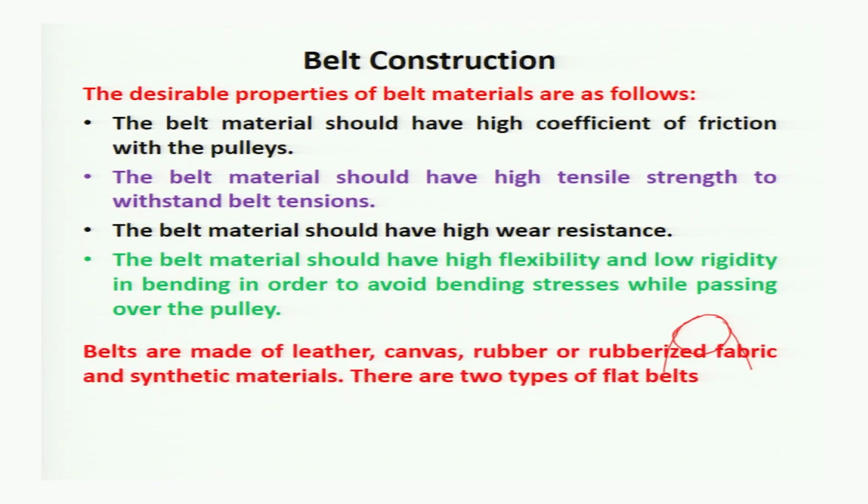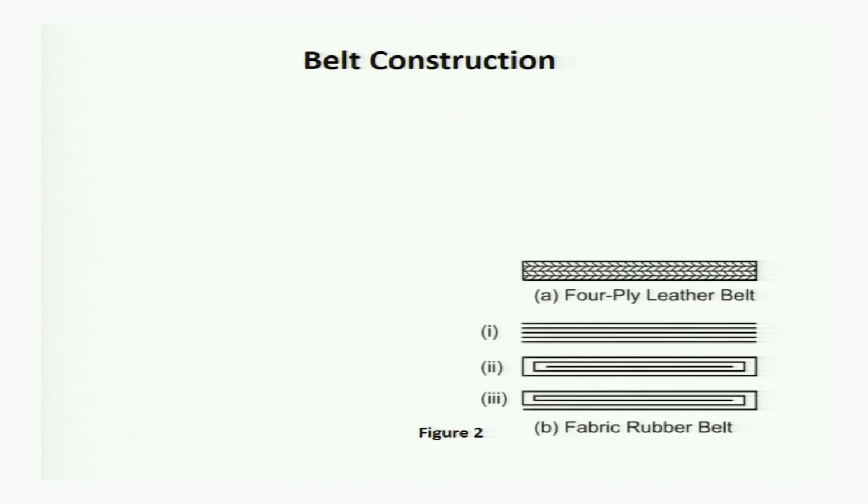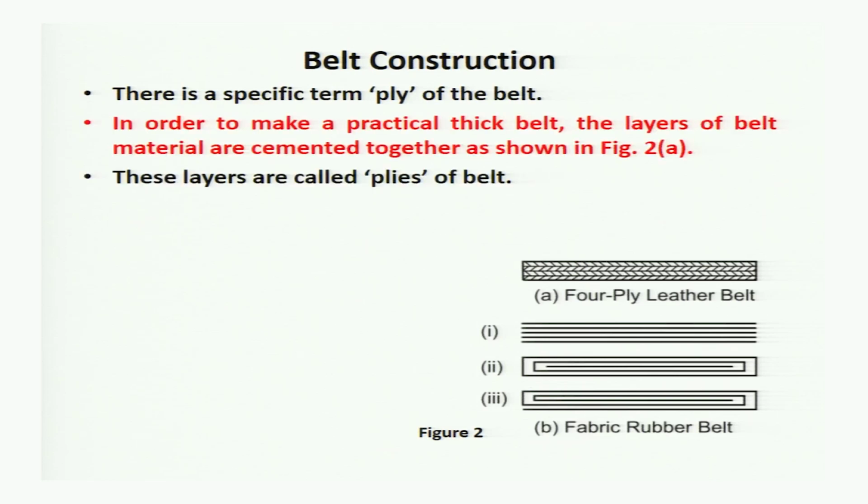Belts are made of leather, canvas, rubber or rubberized fabric and synthetic materials. There are two types of flat belts, leather belt and the fabric rubber belt. Now, in the belt construction, there is a specific term, ply of the belt.